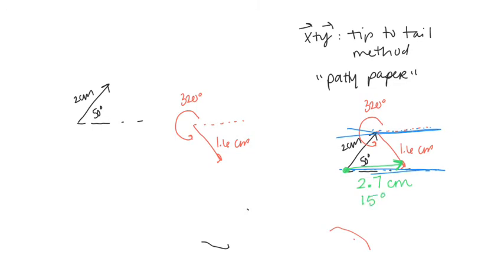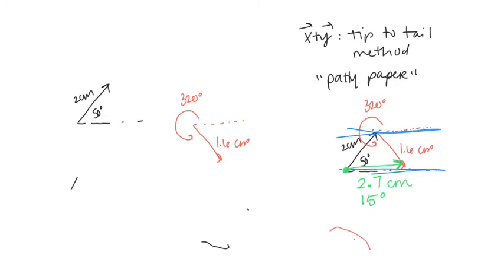Now, I might be off a little, and it kind of looks like I'm off a little bit just because I didn't use graph paper or a ruler or a protractor. But there's also a little bit of human error here. And so if you had something probably between like 2.5 and 2.9, 10 to 20 degrees, you probably did it correctly.